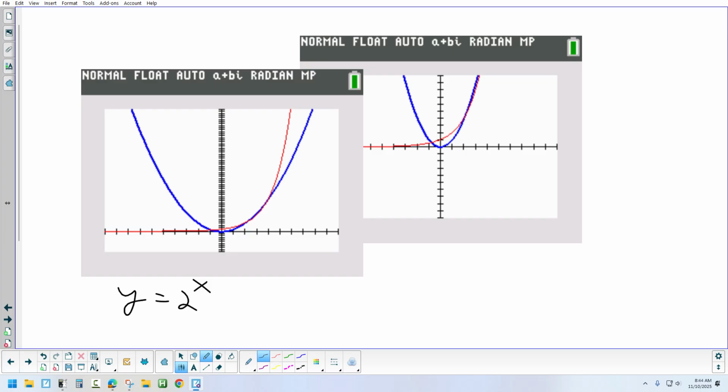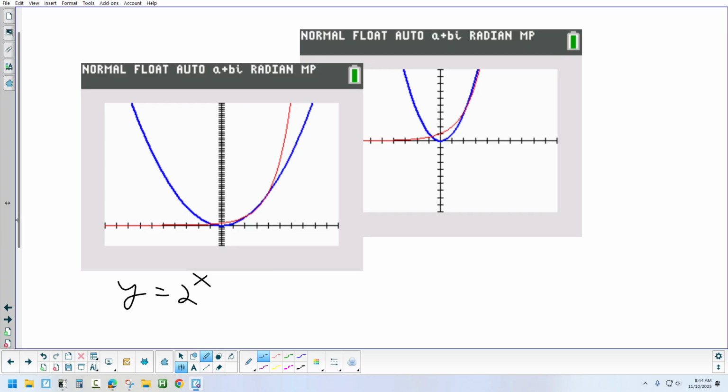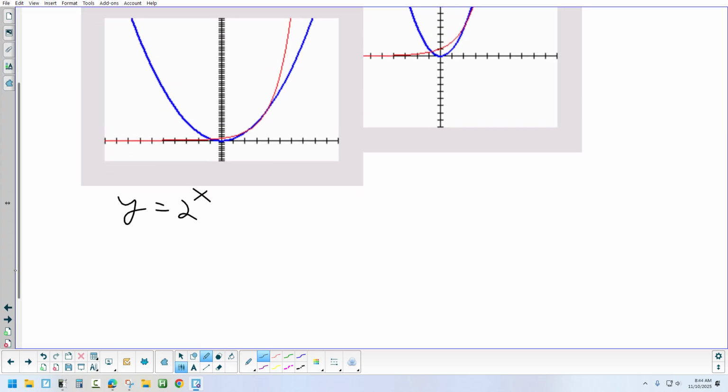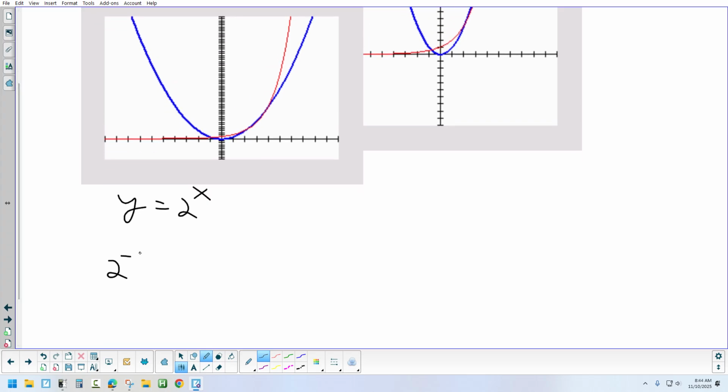If it's a negative exponent, that would be a fraction. Okay, if you've got a negative exponent, let's say x is negative 5. If we rewrite that so we don't have a negative exponent, it would be 1 over 2 to the 5th. So we start to get a denominator that's going to get bigger and bigger and bigger. If your denominator is getting bigger and bigger, the further to the left you go, what happens to your entire fraction?